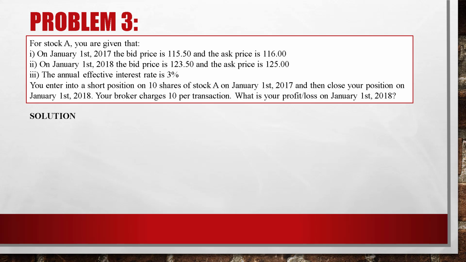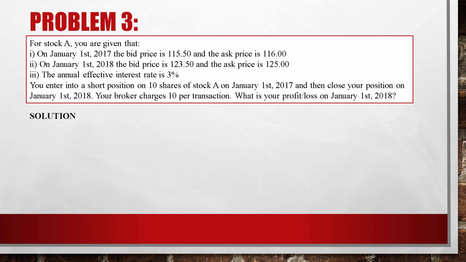When you sell, you are in a short position, but if you buy, then you're in a long position. It's very simple. So basically on January 1st, 2017, you sell 10 shares of stock, and then on January 1st, 2018, a year later, you rebuy 10 shares.